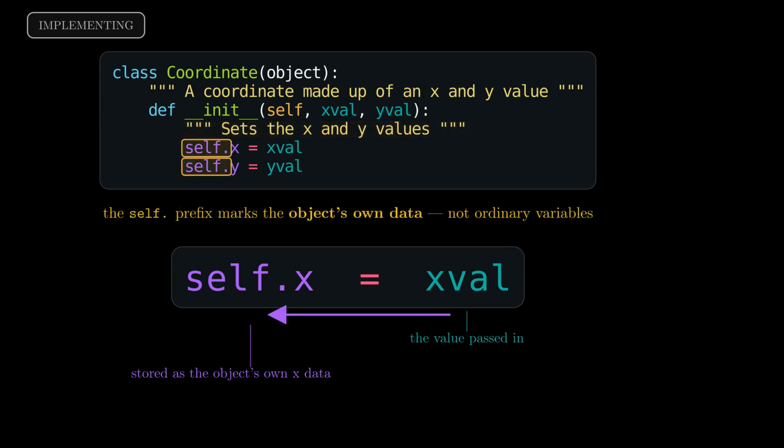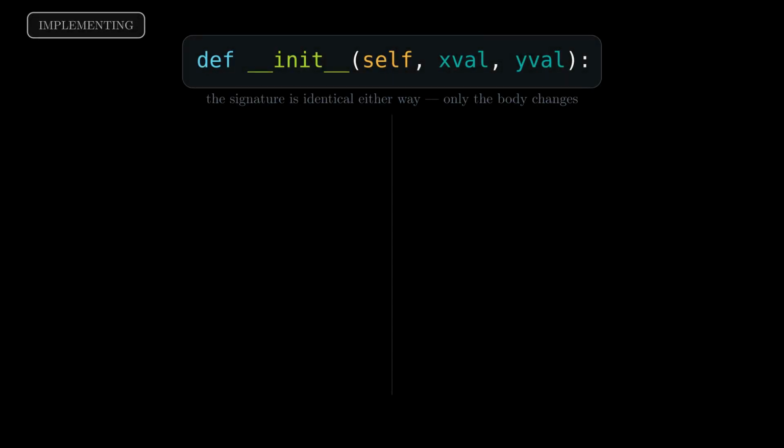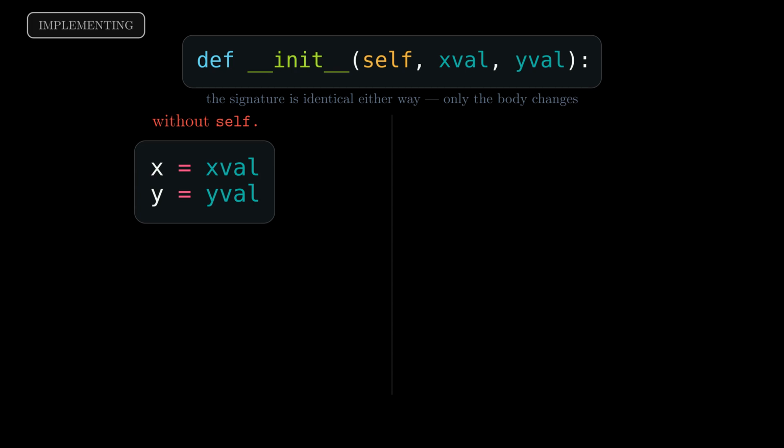The self dot in front is what distinguishes the object's data from ordinary variables, and that prefix does more work than it appears. To see why that prefix matters, consider the alternative. Suppose the body said plainly, x equals xval and y equals yval, with no self dot in front. Those would be ordinary local variables of the function dunder init, exactly like a local variable in any function you have written.